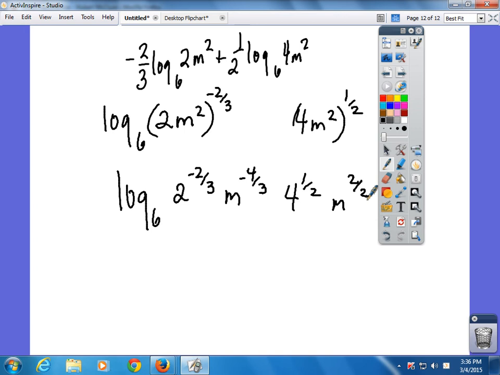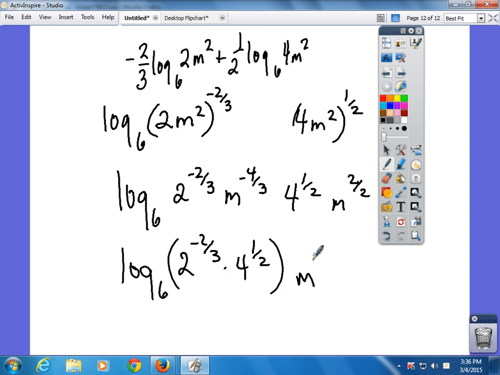Okay, now I'm going to combine log base 6 of 2 to the negative 2/3, 4 to the 1/2. Put those two together. And then m to the negative 4/3 times m to the 2/2. Put those two together.